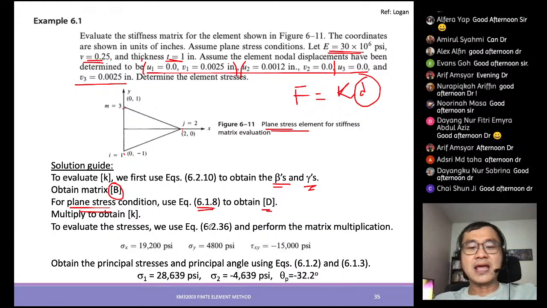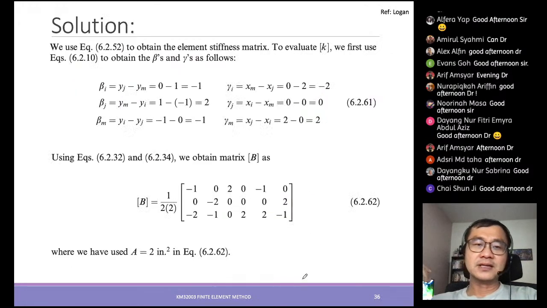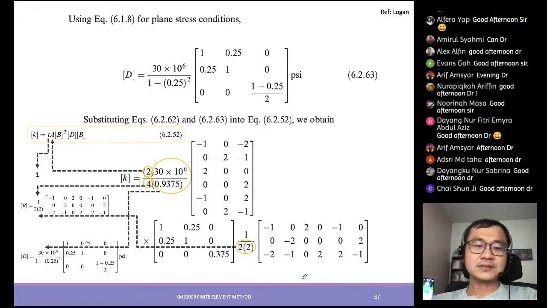Then you should be able to obtain the stress. Once you get the stress, you apply equations 6.1.2 and 6.1.3 to get the principal stress. You will get the principal stress as given here. So you just refer accordingly, and this is the principal angle, where the shear stress is equal to 0, right? So this is how you may work on it.